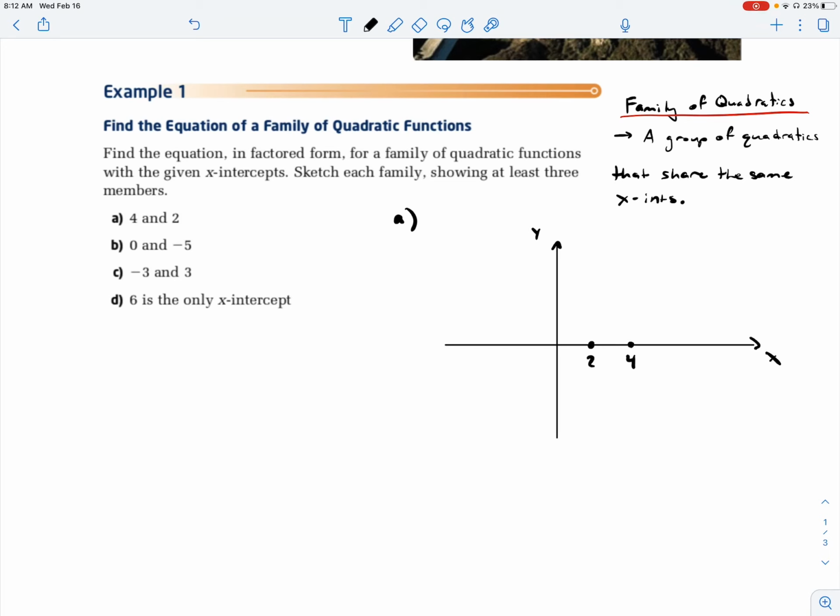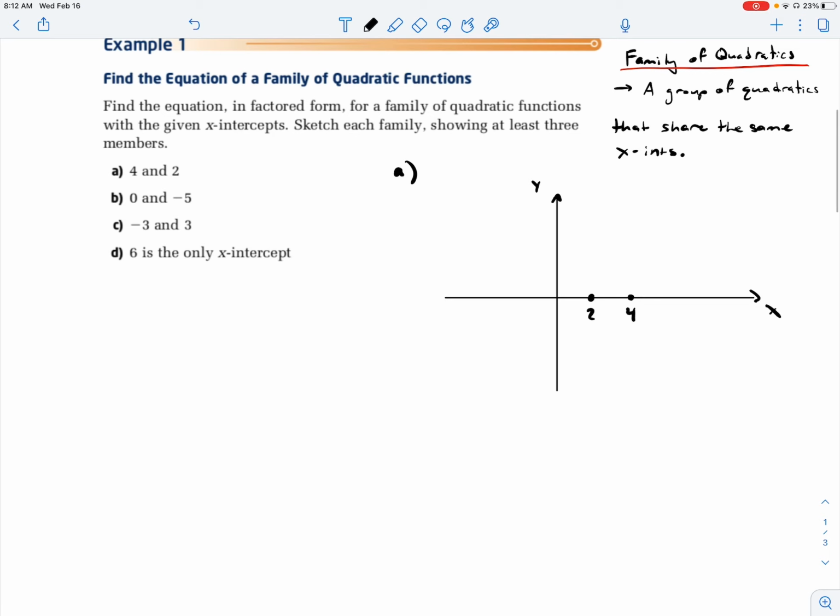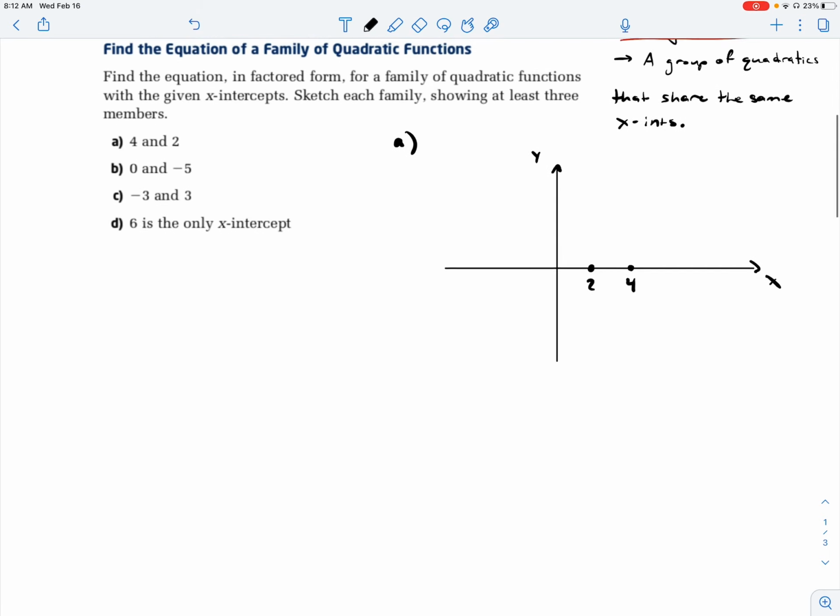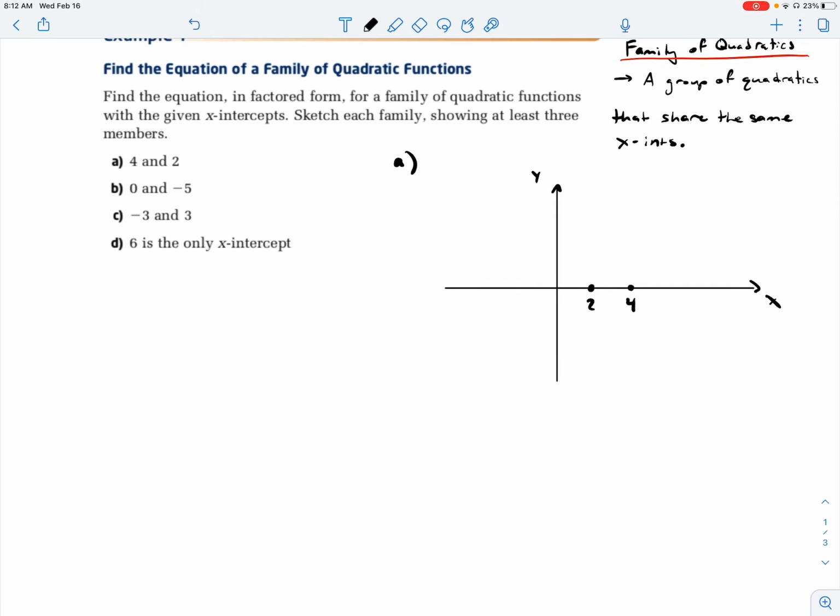There are an infinite amount of these that pass through. We want to show at least three members. First, let's define our general equation, by which I mean the equation for the family of quadratic functions. We're going to put this in factored form.